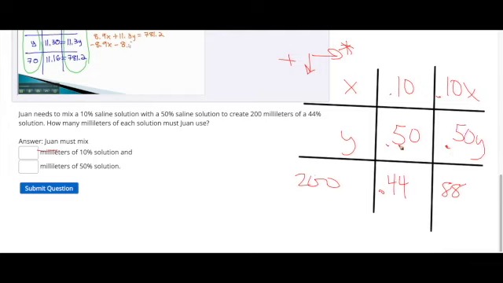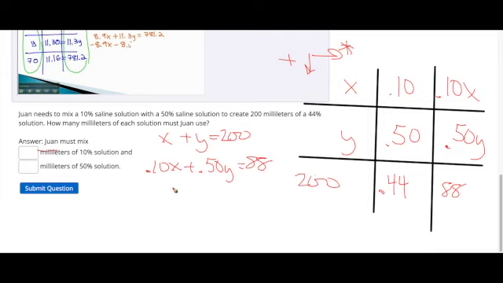So, where is your system here? Well, this one is fully populated, so we're going to need to use x plus y equals 200. And we're going to need to use 0.10x plus 0.50y equals 88. Okay, now before we do things, I'm going to play around with this one because I don't like this.